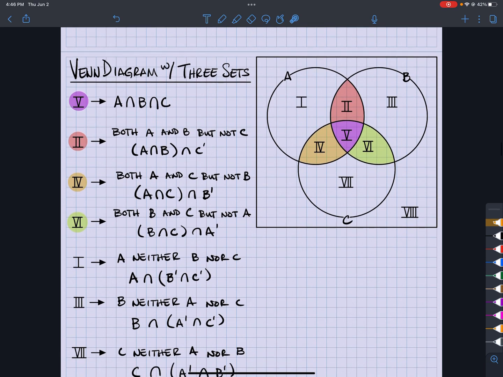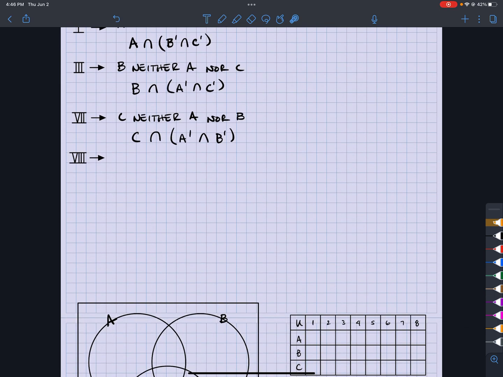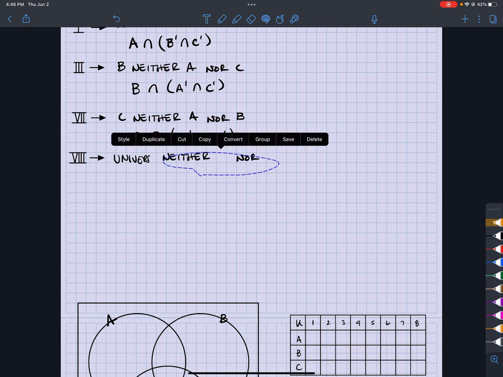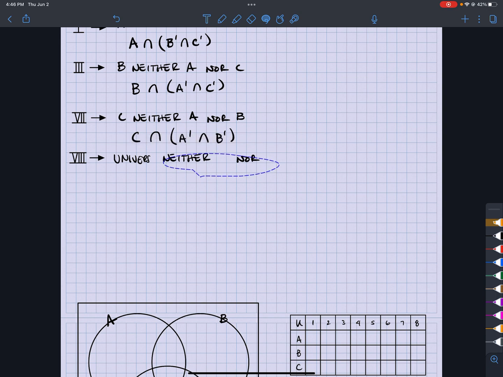So this area here would not be A, would not be B, nor would it be C. Neither A nor B nor C. So in that case, we don't have to write the universal intersect with everything else.